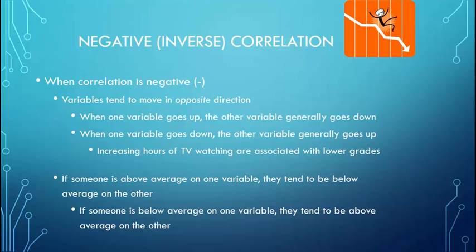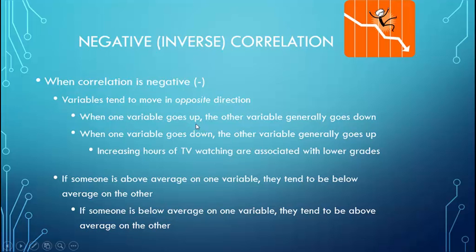If the sign of your correlation in SPSS is negative, doesn't matter what the number is, just so long as it's a negative number, then we have a negative or an inverse correlation. So when the correlation is negative, and this is a little bit of brain gymnastics, the variables tend to move in opposite directions. So what does that mean?